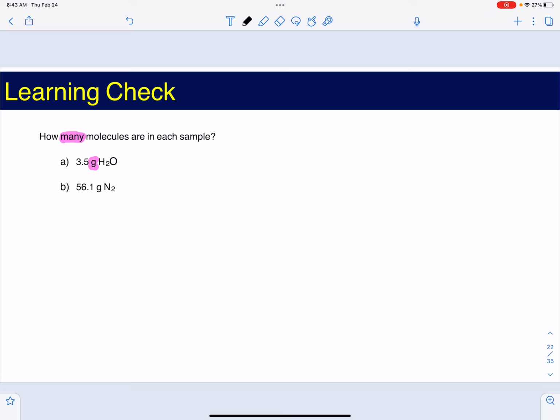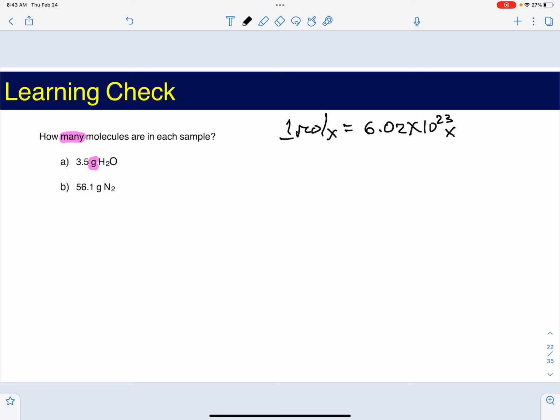So a mole of molecules equals 6.02 times 10 to the 23rd molecules. As simple as that. It's just an equality. So a mole of anything equals 6.02 times 10 to the 23rd of whatever you're talking about.